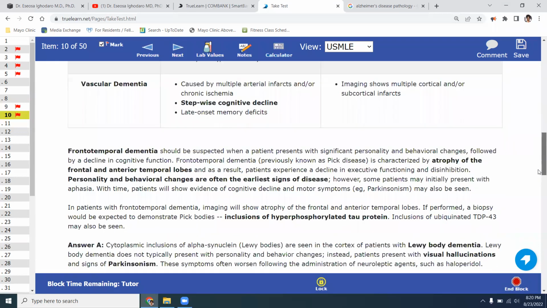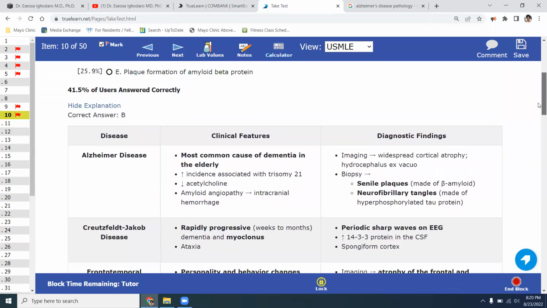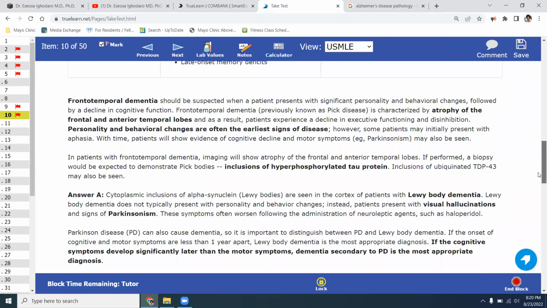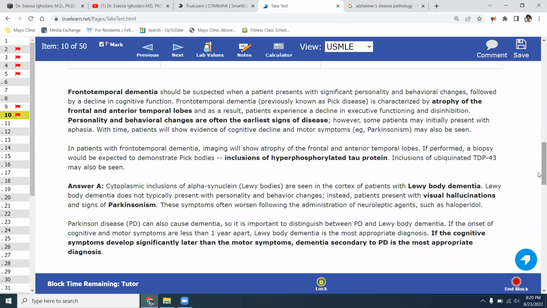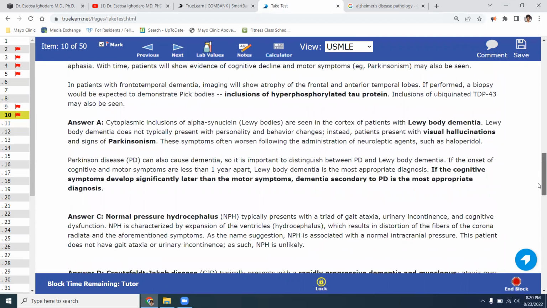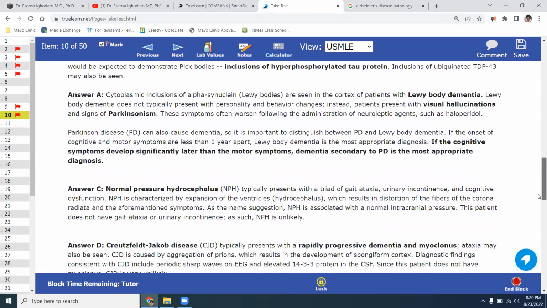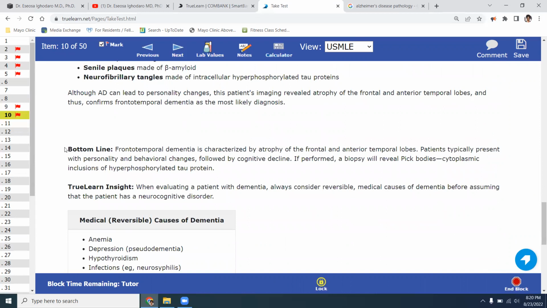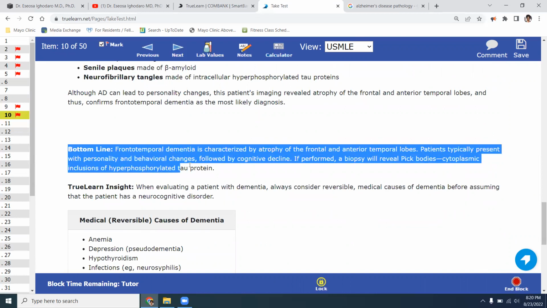And TrueLearn then not only gives you a really nice chart that you can review, but if you keep scrolling down, it goes into detail about why the right answer is right and why the wrong answer is wrong. And it bolds what things you should really know for your exam. And then if you want to get to, okay, what's the main takeaway from this question?